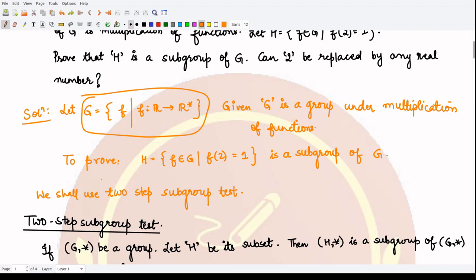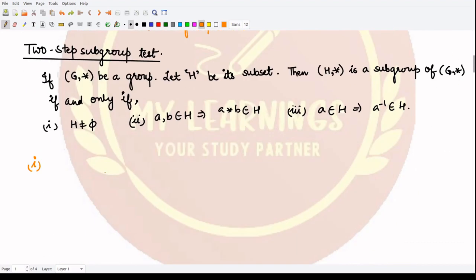So we know that the identity of G is the identity function, and we name it I of x.